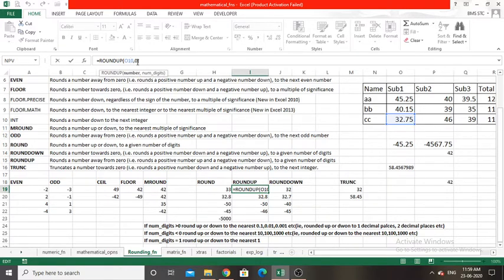And we will consider the number of digits or the second argument also. So which is 0. So 0 means I don't need the decimal part, I just need the integer part. So rounding up 32.75 with no decimal value, which is 33. So here is the result.